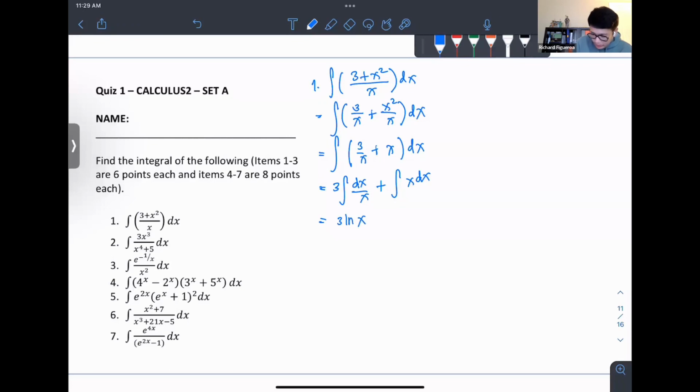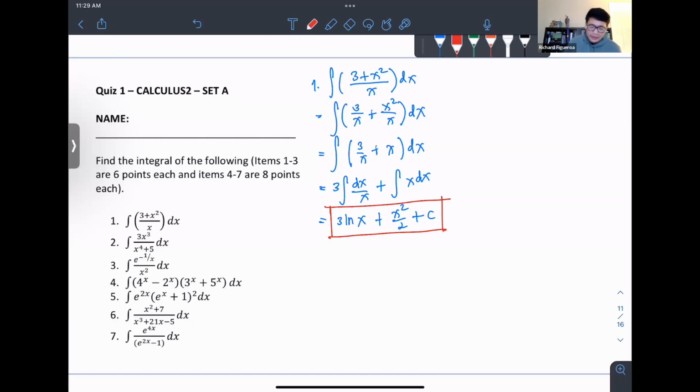So 3 times ln x plus, x dx would be x squared all over 2, plus c. So that is the first one.